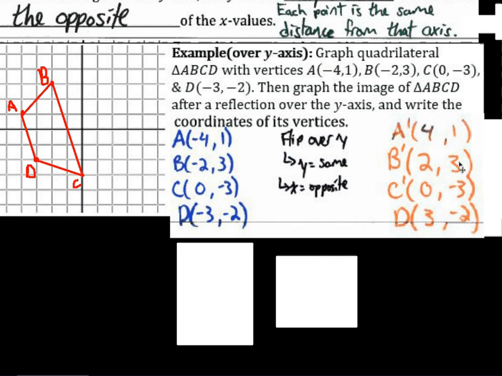We have A prime is going to be 4, 1, B prime is going to be 2, 3, C prime is going to stay the same since our x value is 0, and D prime should be 3, negative 2. So I can plot those new points like so.